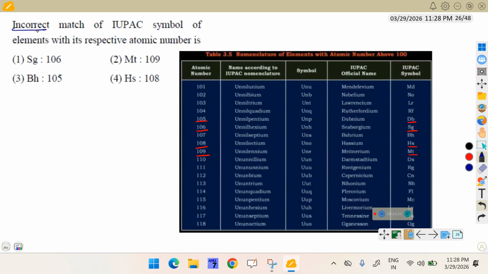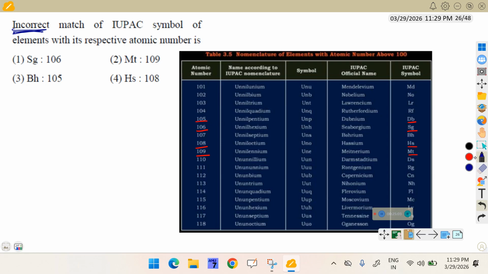Incorrect match of IUPAC symbol of elements with its respective atomic number. What is given? 106 Sg. Check it. Yes, Seaborgium, Sg. Correct. 109 Mt. Meitnerium, Mt. Correct. 105 Bh.